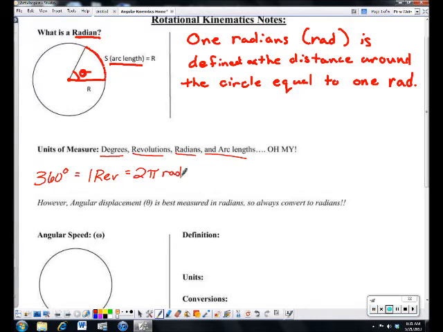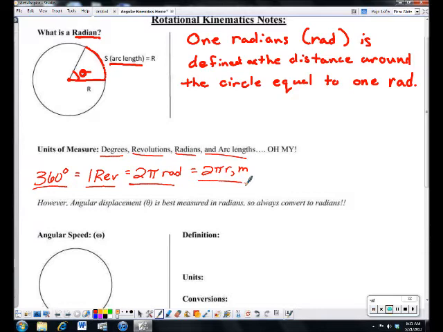Okay. And then the actual arc length, the actual length s, would be 2 pi r meters. Okay. So make sure we got the units here. We're at 360 degrees, 1 revolution, 2 pi radians, and 2 pi r meters.